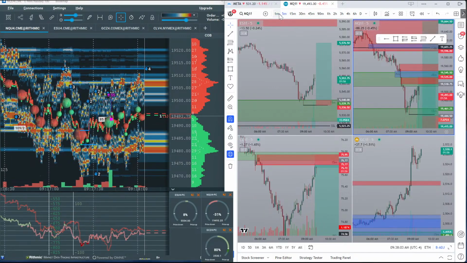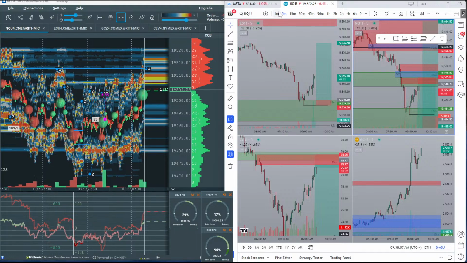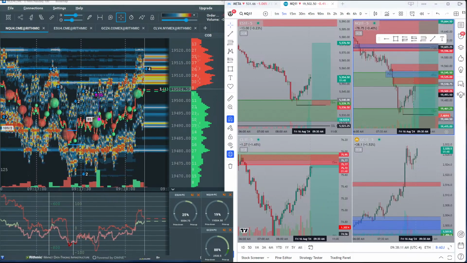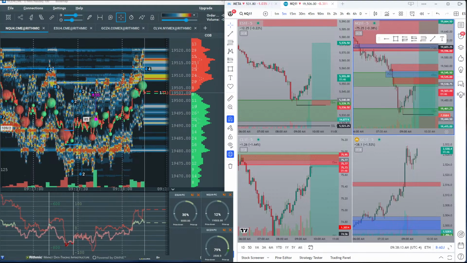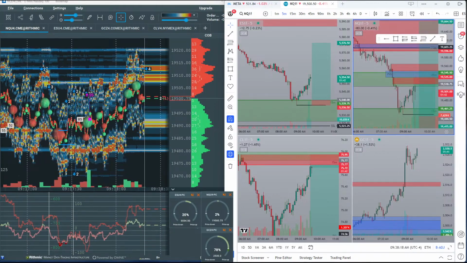So 2 minutes left. Want to see buyers step in, sweep this order block, and then reject. Give me a pop, and then just drop right after.